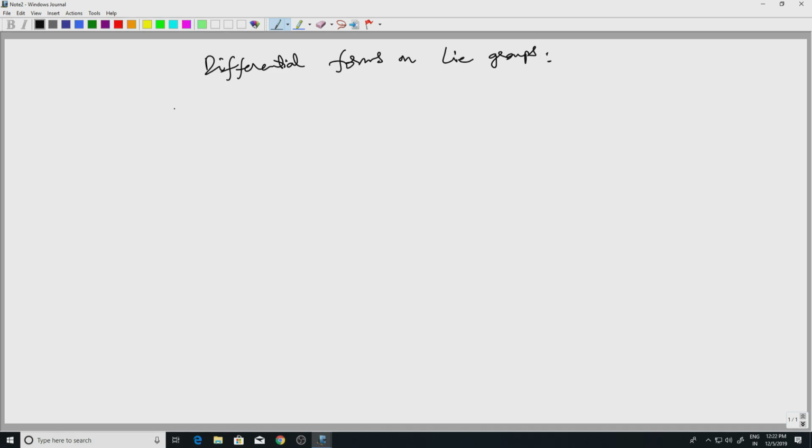Whenever we're in the setting of Lie groups, it's natural to look at whatever object we are considering. It's natural to consider objects which are preserved by the left translations, or for that matter right translations as well.